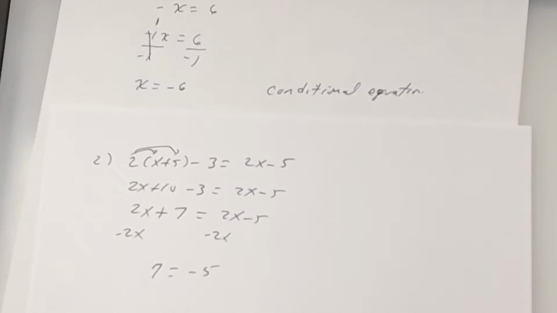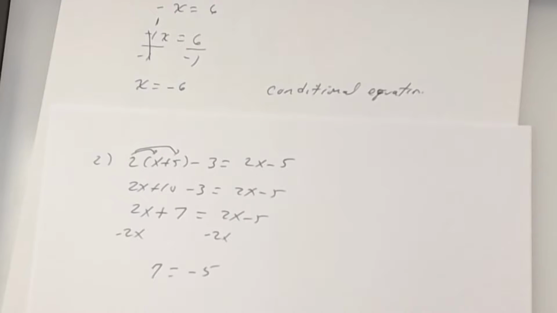So notice that this is the first instance where the variable disappeared for you. The variable's gone, right? But then look at that statement that's left. 7 equals negative 5. Is that a true statement or a false statement? That's a false statement. 7 does not equal negative 5.